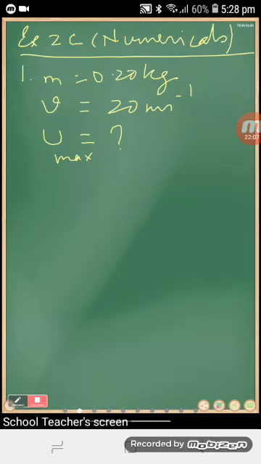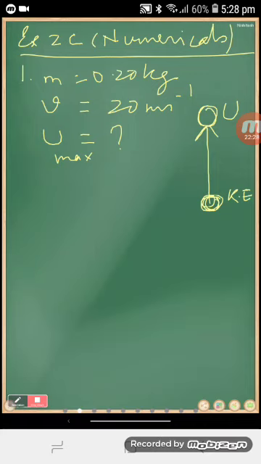Definitely, a ball is at the bottom and we throw it and it reaches a maximum. When we are throwing, the moment it leaves the hand, it will have kinetic energy. And this kinetic energy, at the maximum height, will get converted into potential energy.